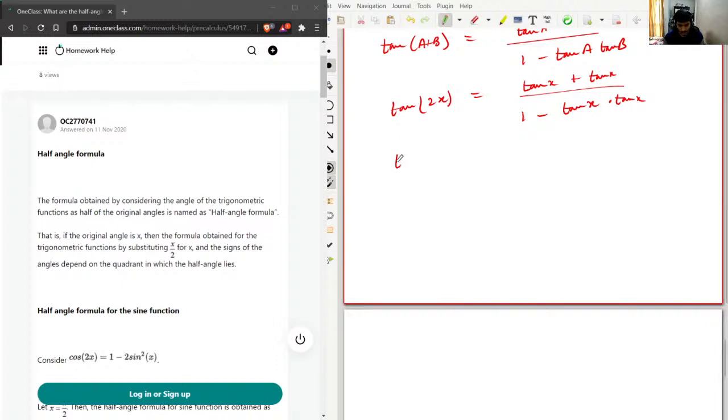So this can be written as 2 tangent x over 1 minus tangent square x. Now we'll go for half angle identities.